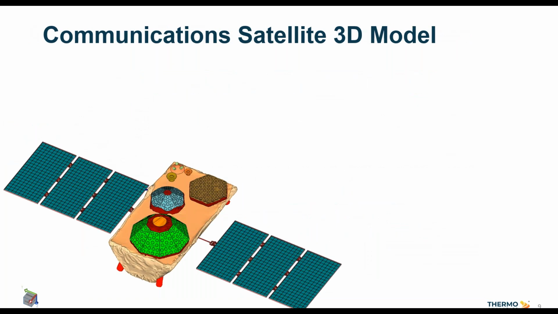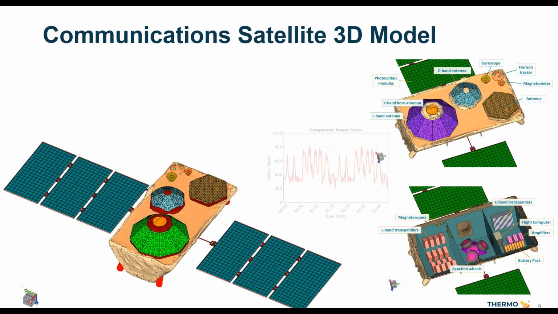This is a quick description of the communication satellite model that we'll be using for today's demonstrations. We see the 3D geometry of the satellite with the deployed solar panels in the lower left. Each color represents different parts of the satellite. The satellite has a variety of electrical components, and we see some of the more important ones labeled on the right, both internal and exterior electronic components.